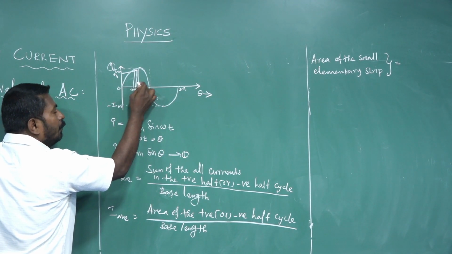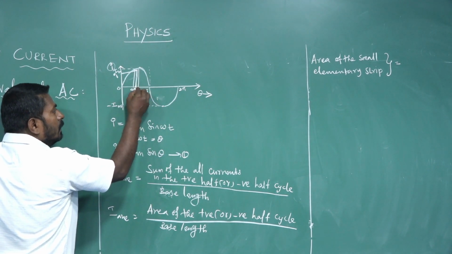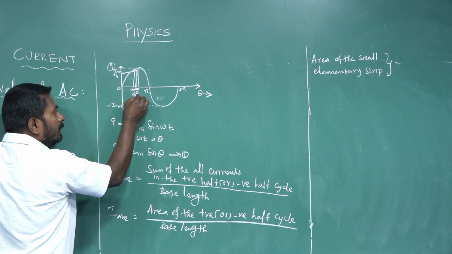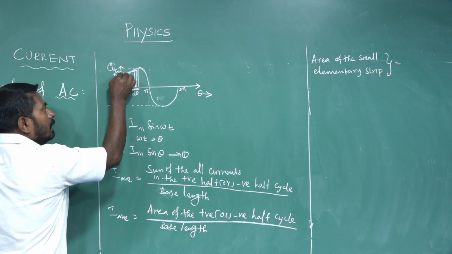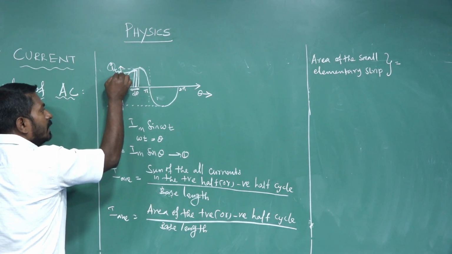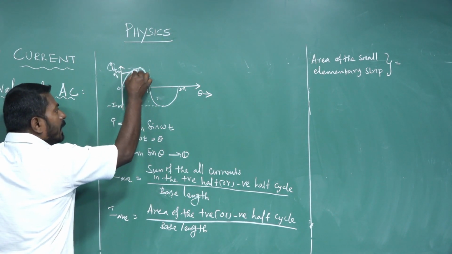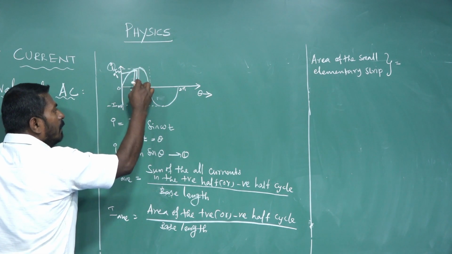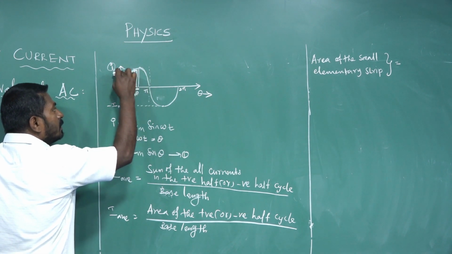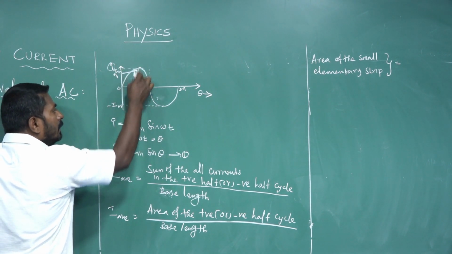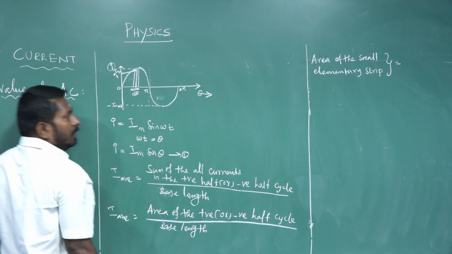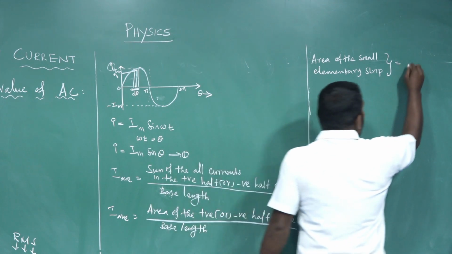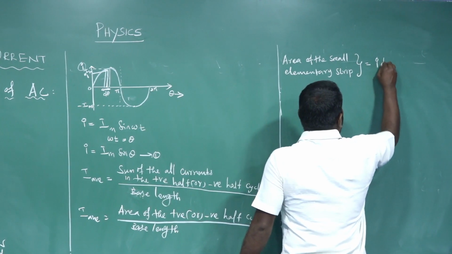The thickness of the elementary strip is d theta. The mid-ordinate of the elementary strip, corresponding to the y-axis at that instant, is i. So the area of the small elementary strip is the x-axis value multiplied by the y-axis value, i into d theta. We get the area of the small elementary strip as i d theta.